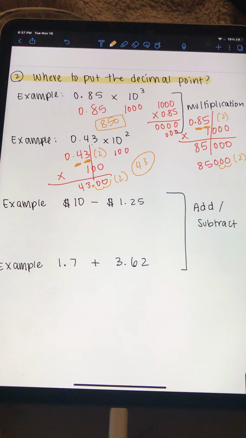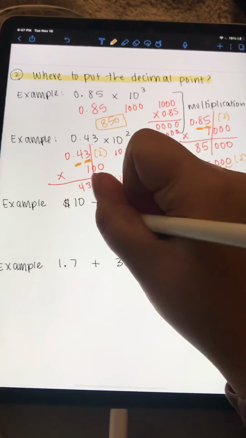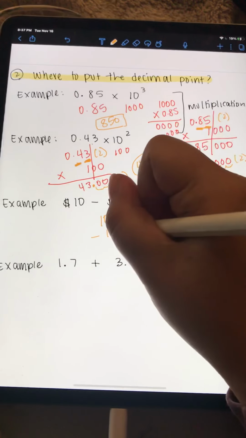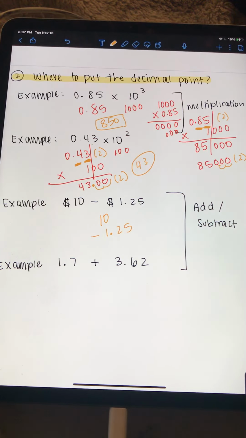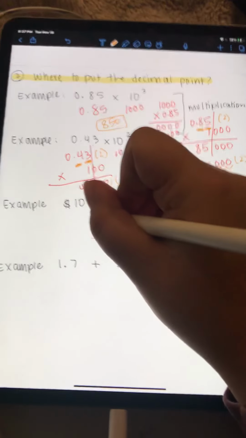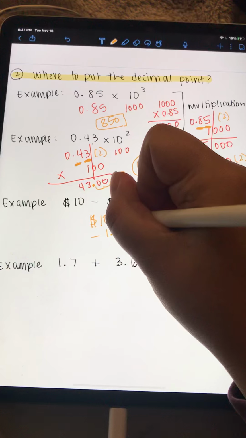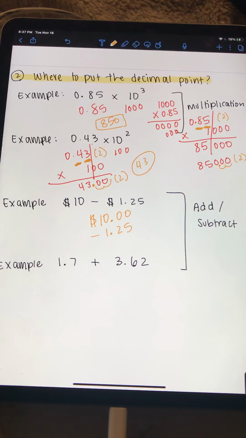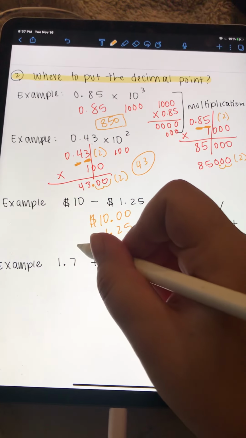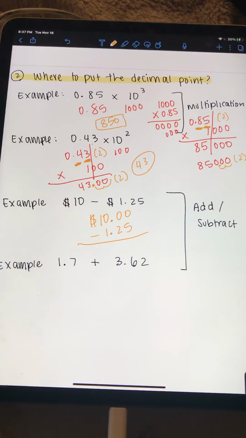Now let's look at adding and subtracting. If we had something like $10 minus $1.25. I feel like this would kind of throw you off. We have to remember with whole numbers like 10, there are no cents. So we have to put a decimal and put zeros as kind of like placeholders, okay? And when we do our subtraction, now this is where you know what to do.